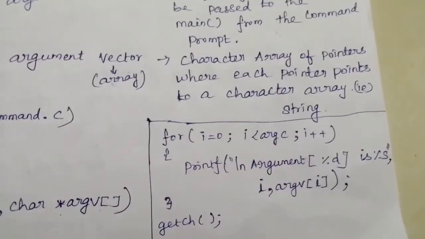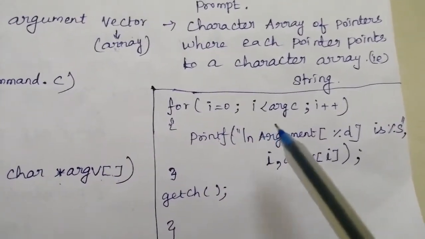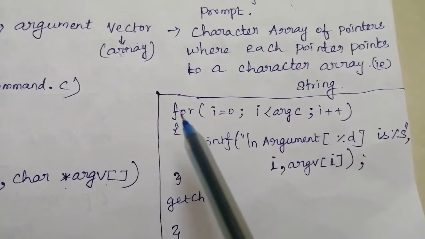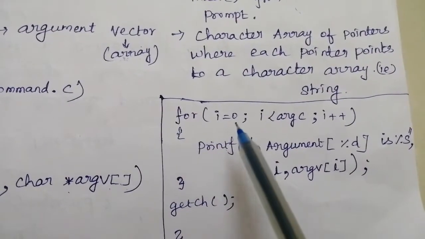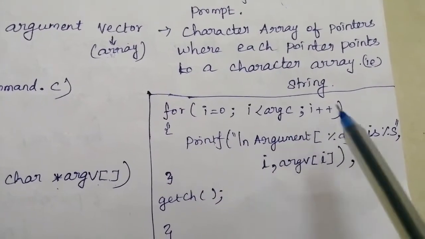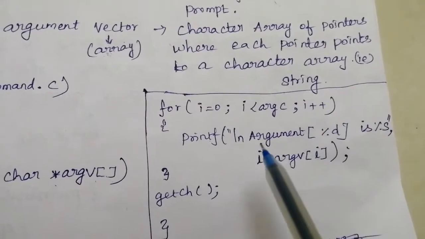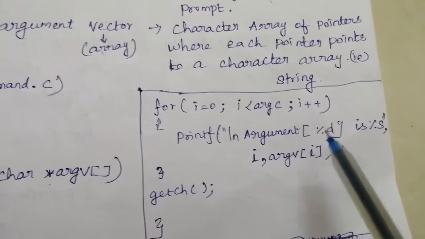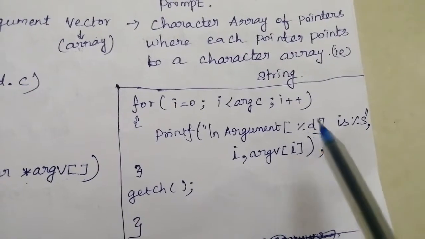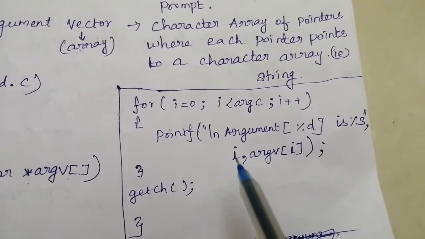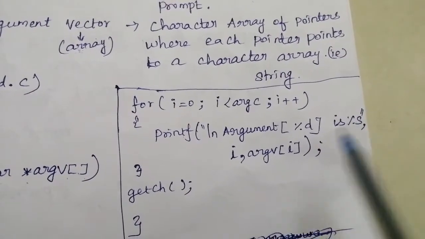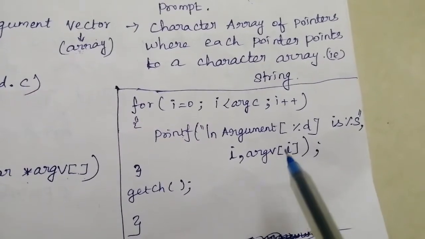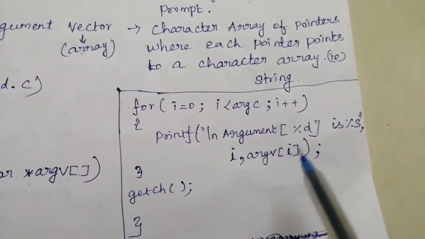Next you want to display the list of arguments one by one. For that you can use a for loop: for i equal to 0, i less than argc, i plus plus. Here, argument of %d is %s. The %d denotes the i value, and %s denotes the argument, argv of i.